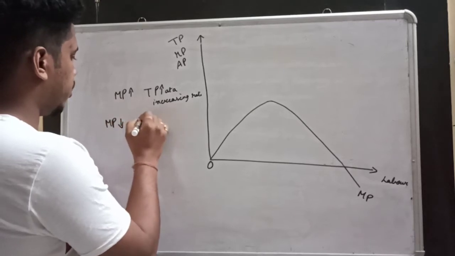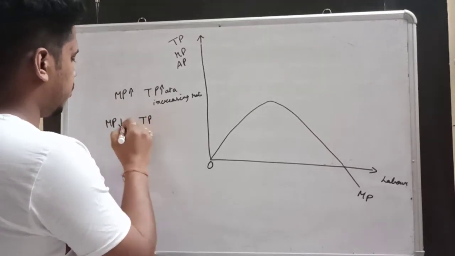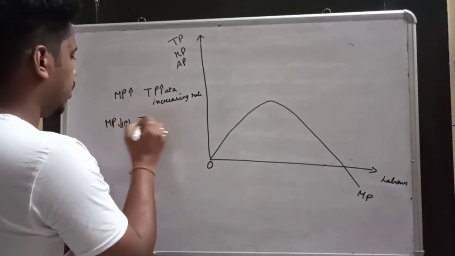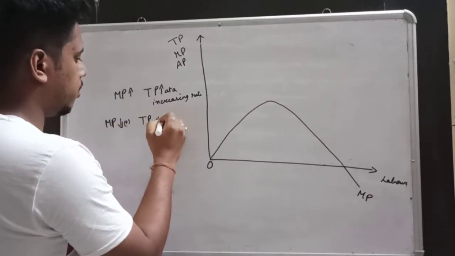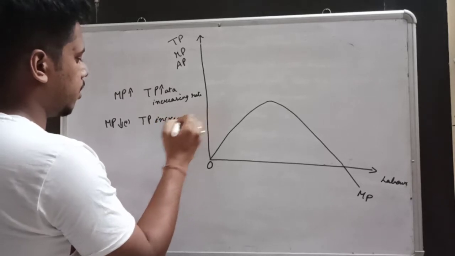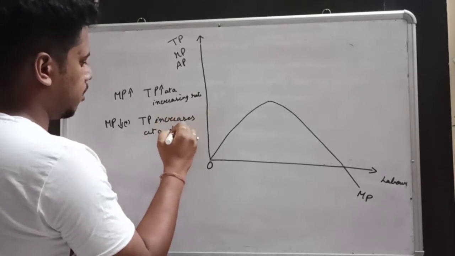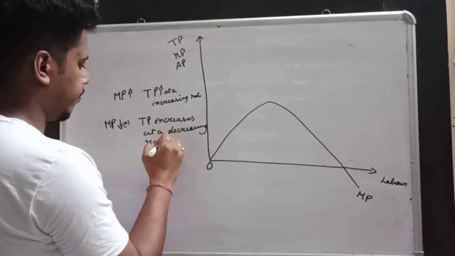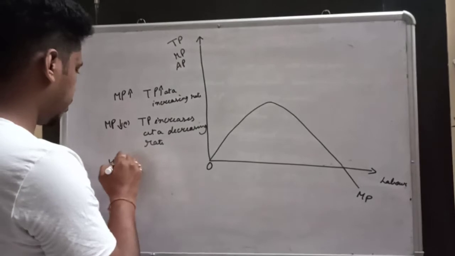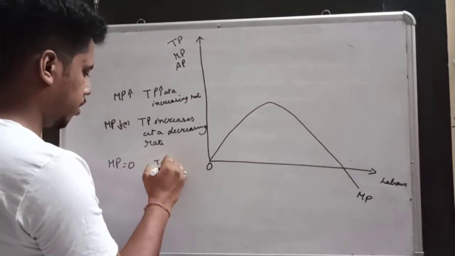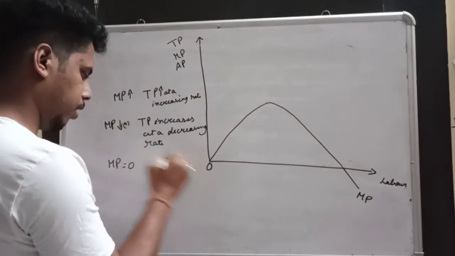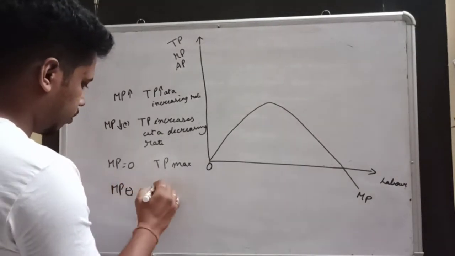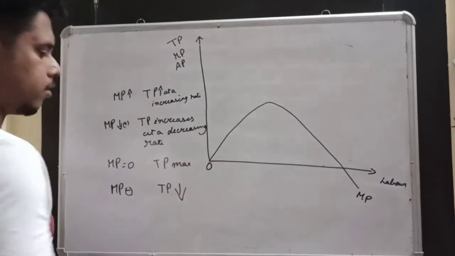When marginal product decreases but is still positive, total product increases at a decreasing rate. When marginal product is 0, total product is maximum. When marginal product is negative, total product falls.